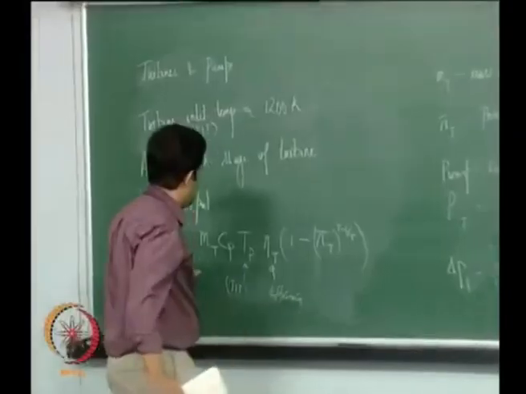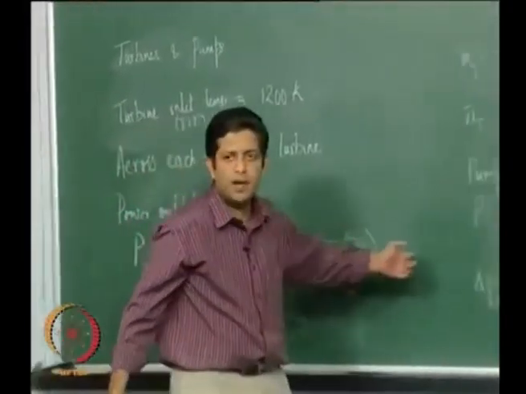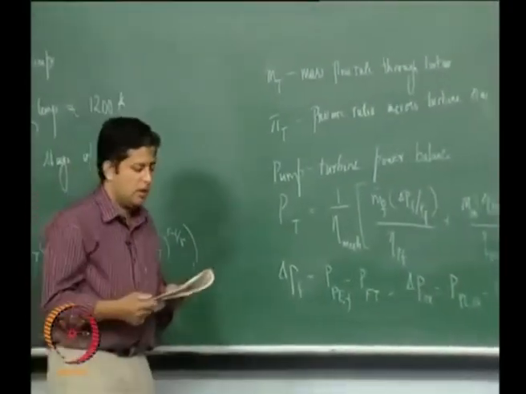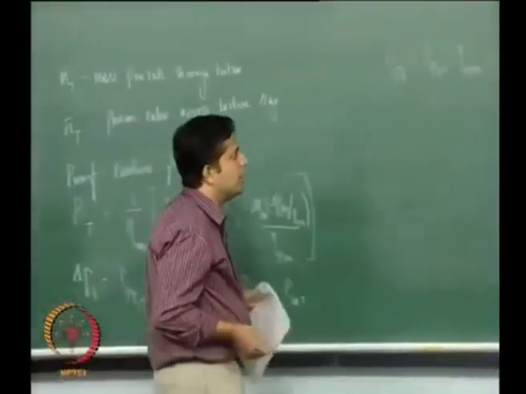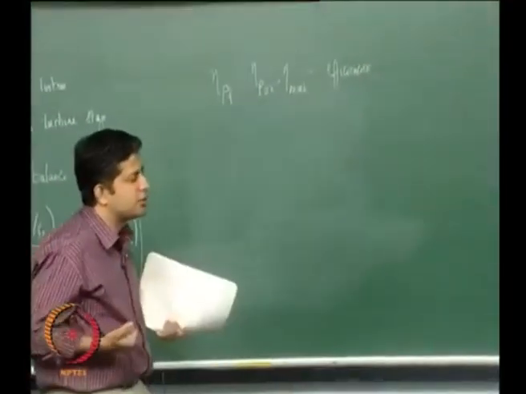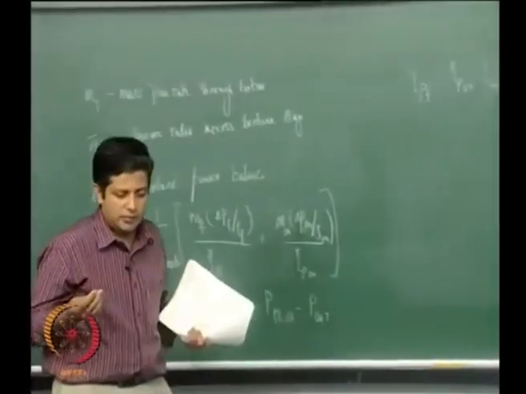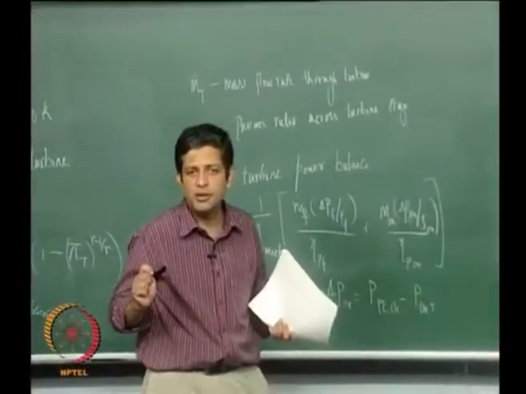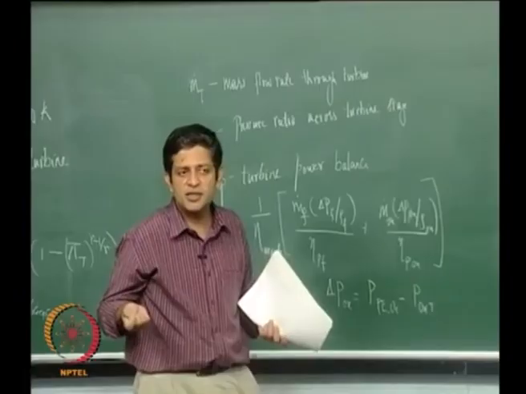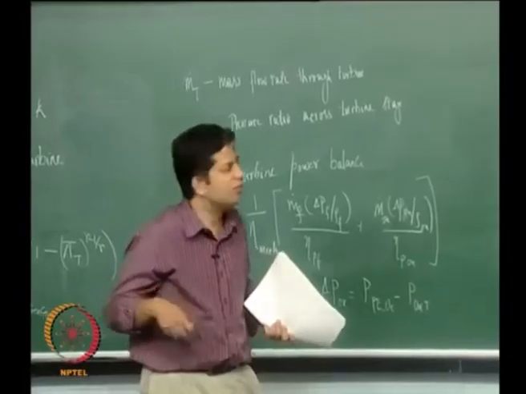Now, we had learned how we balance the turbine and pump power balance. Now, there are essentially two designs of pump that you can have. One is axial and the other one is centrifugal.